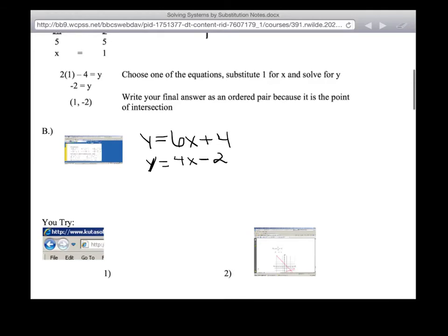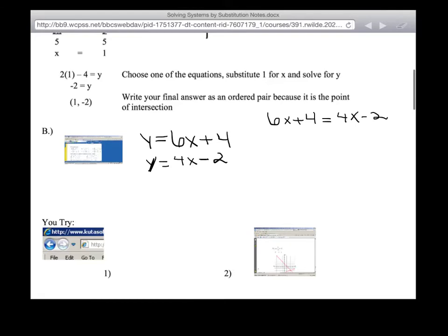So what we're going to do is, because y equals the same thing, we're going to set these equations equal to each other. So we have 6x plus 4 equals 4x minus 2.